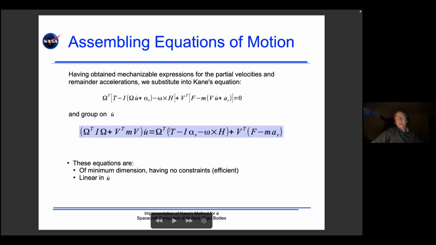I start right with the closest thing you can get to F equals ma for a rotating rigid body, Euler's equation, and my dynamical state omega is right there.